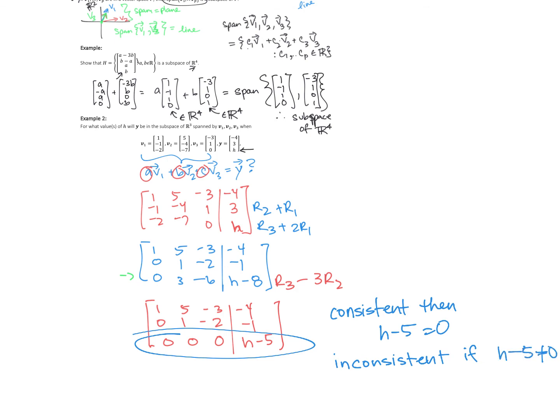So in order for y to be in our span here, h needs to equal 5. Hopefully that makes sense. All right, one more section, and then we are done for the week.